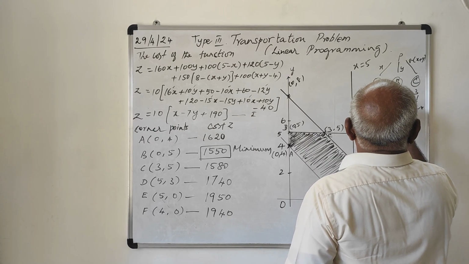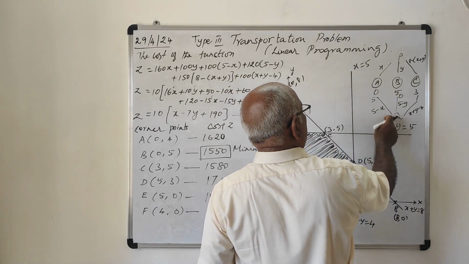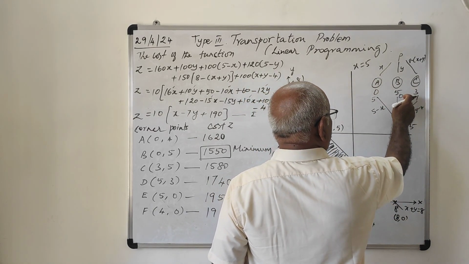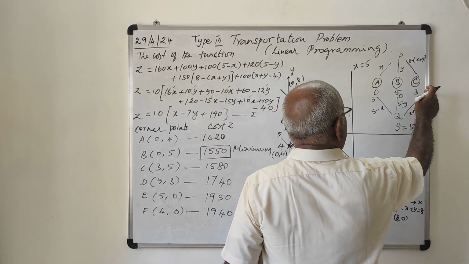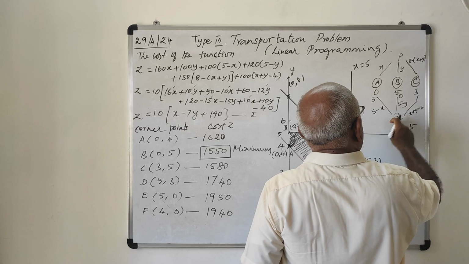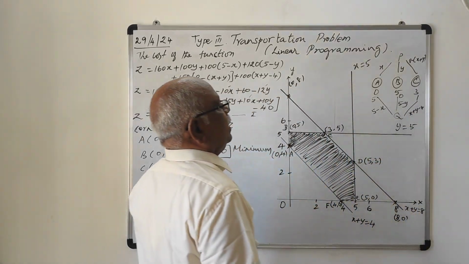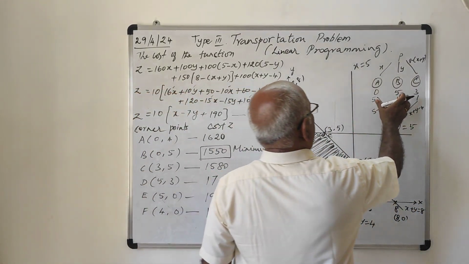So 5 units from factory Q to depot A, 0 units to depot B, and 1 unit to depot C. These are the transportation values.